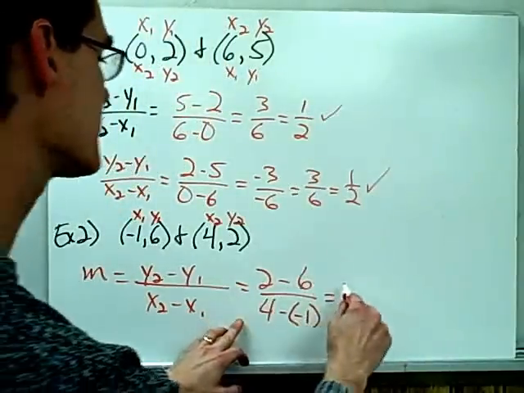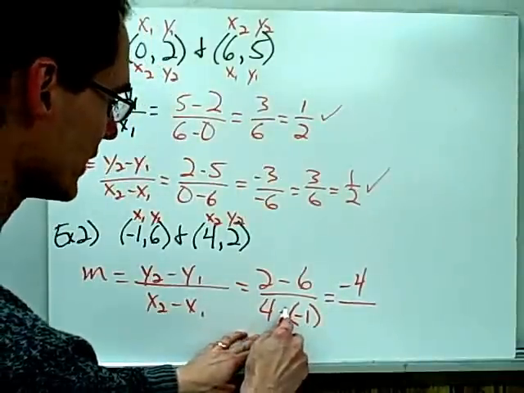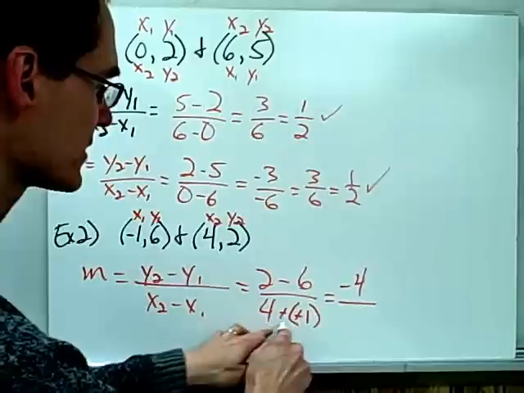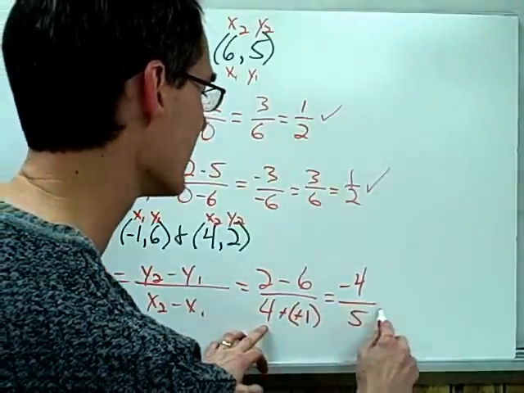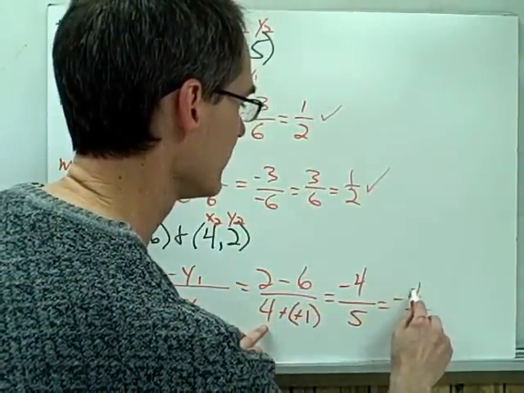So let's see, 2 minus 6, that's negative 4. 4 minus a negative 1, that's going to make this 4 plus a positive 1, so 4 plus 1, that's 5. So my slope here is going to be negative 4/5.